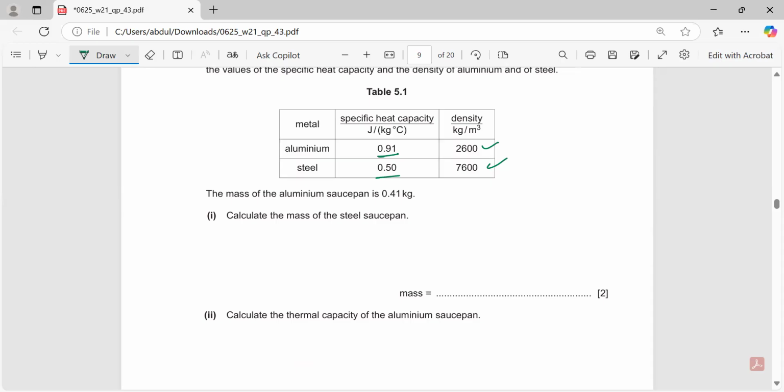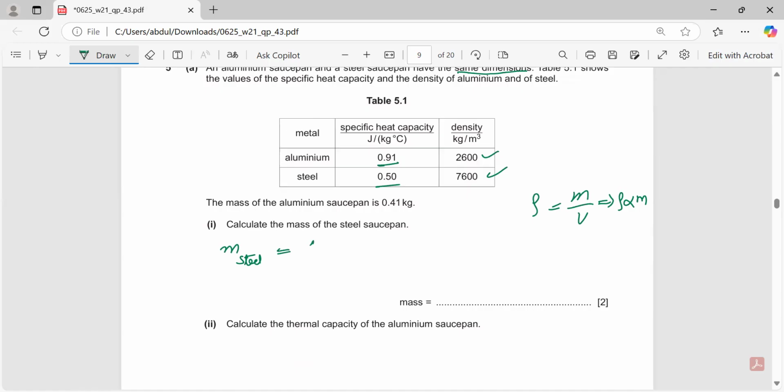So we can go with the ratio method. Why? See, density is equal to mass over volume. So this implies that density is directly proportional to mass, because volume is constant. So mass of steel will be equal to 0.41 times 7600 over 2600.